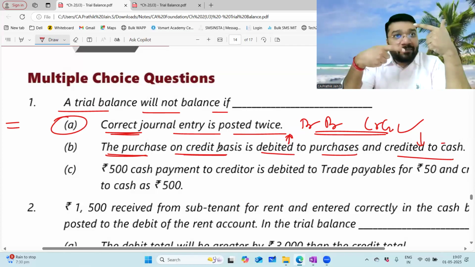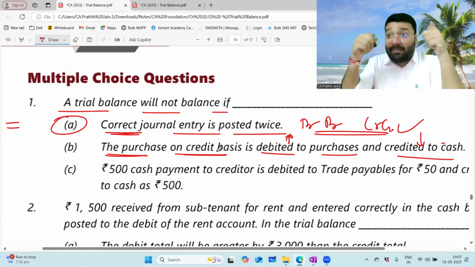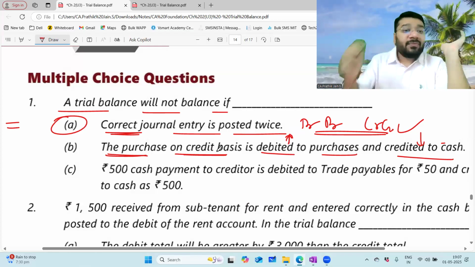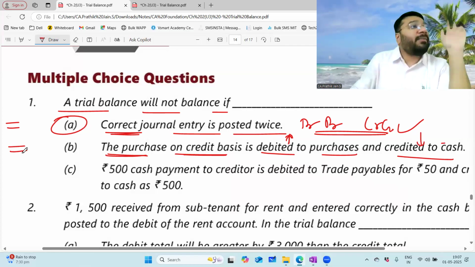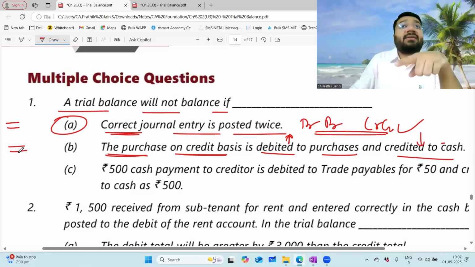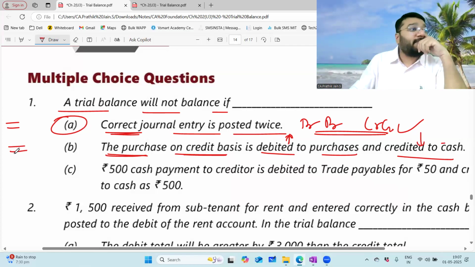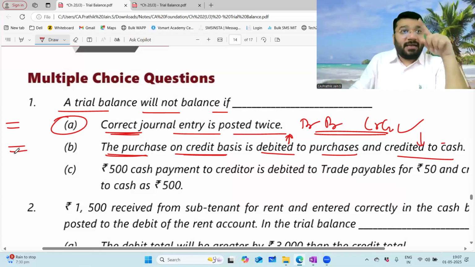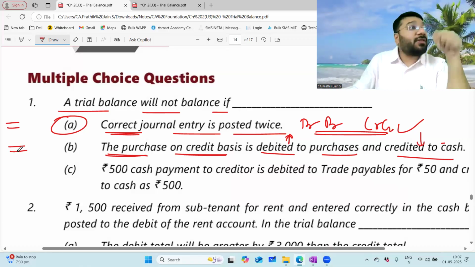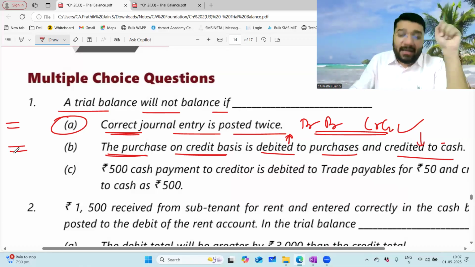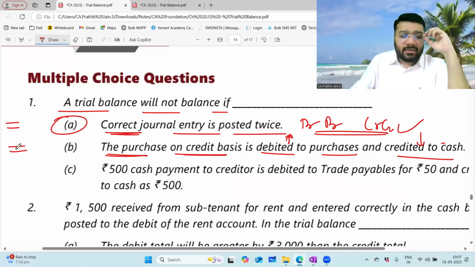This is wrong, but because of this error, will your trial balance not tally? No, it will tally. But this is an error. What error is this? Error of principle. You have treated a credit transaction as a cash transaction. So this is error of principle. What is error of principle? I discuss it in detail in rectification of errors.